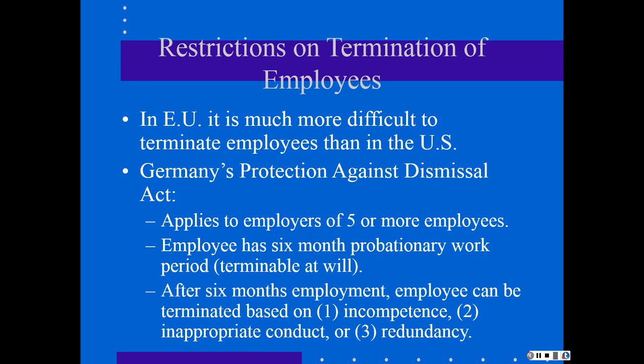In Germany, an employee has a 6 month probationary work period, meaning during this period, the workers are terminable at will. By the way, other countries in the EU have the same thing. France, for example. France wanted, during the Sarkozy administration, when he was president, to improve the French economy to make it more competitive.